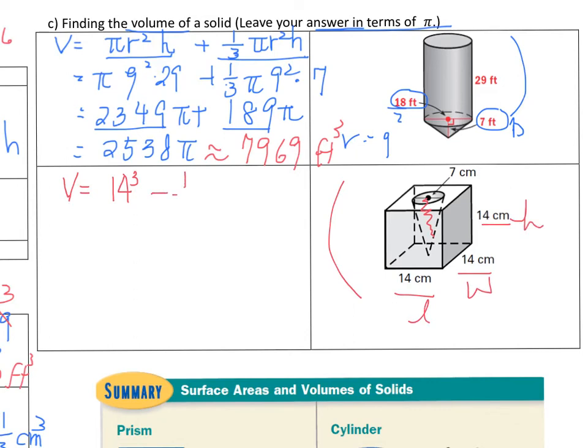And subtract 1/3 pi, and half of 7 will be 3.5, because 7 is the diameter and we need to know the radius to plug it into the formula. So 3.5 squared times a height of 14. The height is 14 for the cube, so it should be the same for the height of the cone according to the picture.